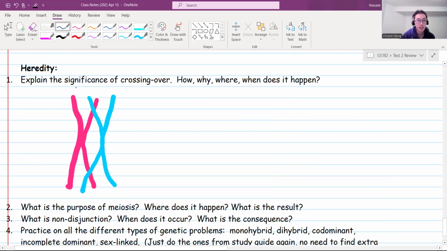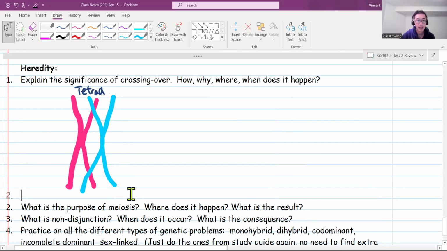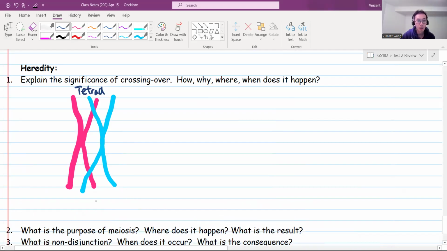So this is the tetrad, and these are homologous chromosomes. And that's the crossing over here, right?